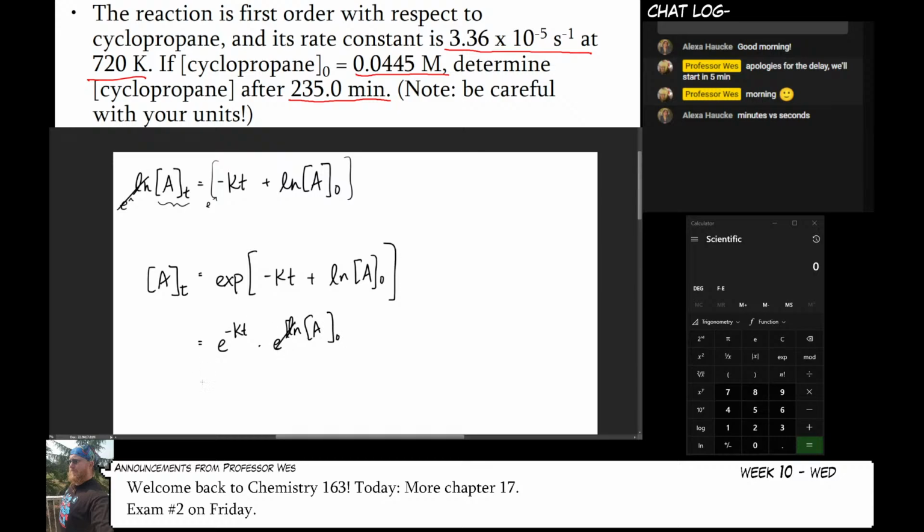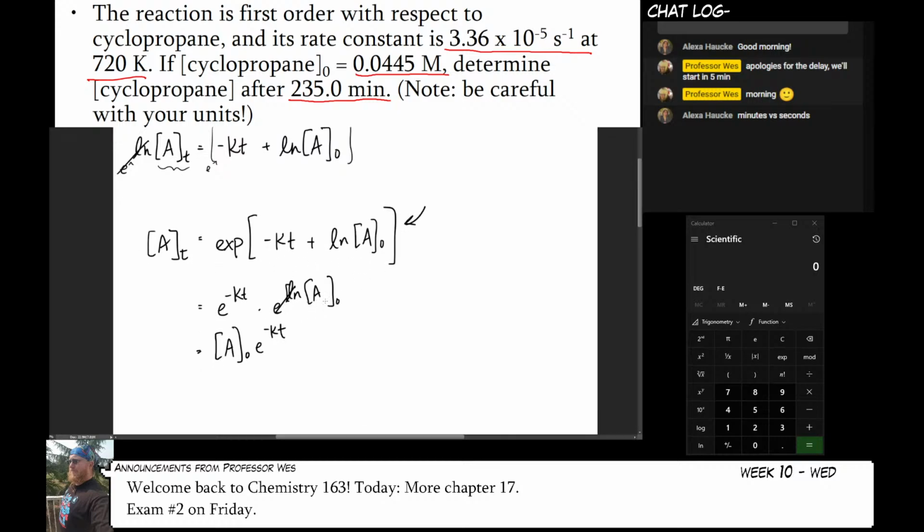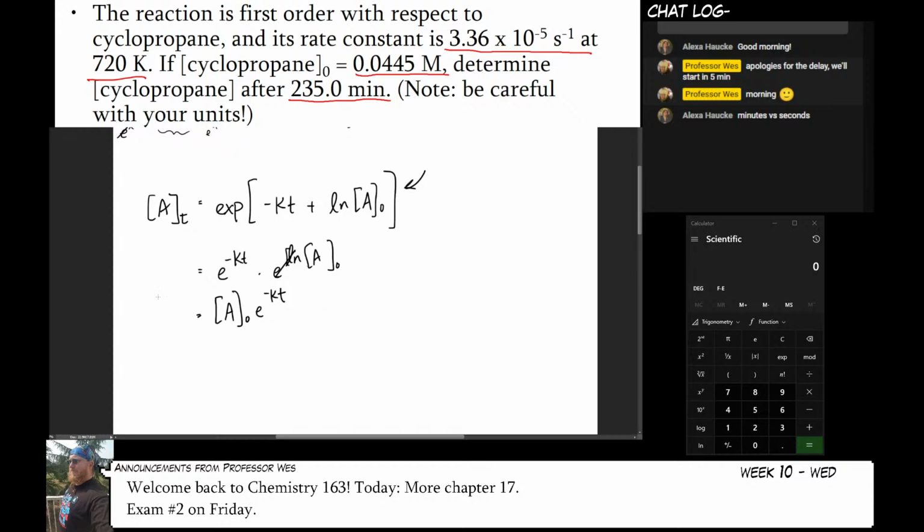And then these would cancel out, which would just be this. So that's actually a lot simpler. So we'll just do that. But if you wanted to just solve for this expression because you don't know the rules of logs and exponents, that's fine. If we have time today, we're going to get to an equation that looks a lot like this, and it's going to be useful. So this is just where that comes from.